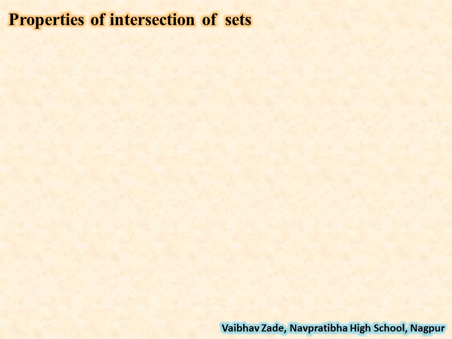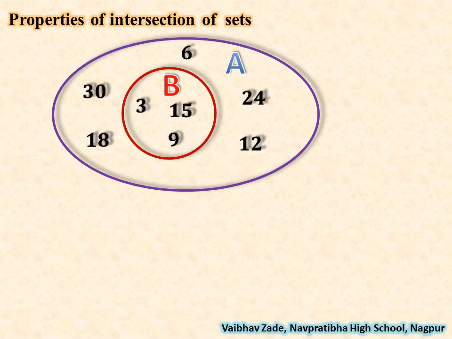Now let's see another property of intersection of sets. Here we have two sets, set A and set B, and from the Venn diagram we can clearly see that B is a subset of set A. So A intersection B is set B itself.